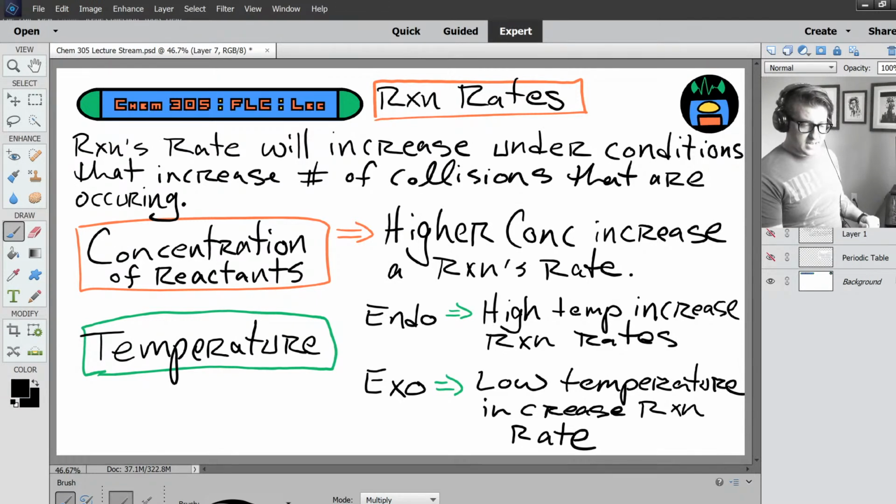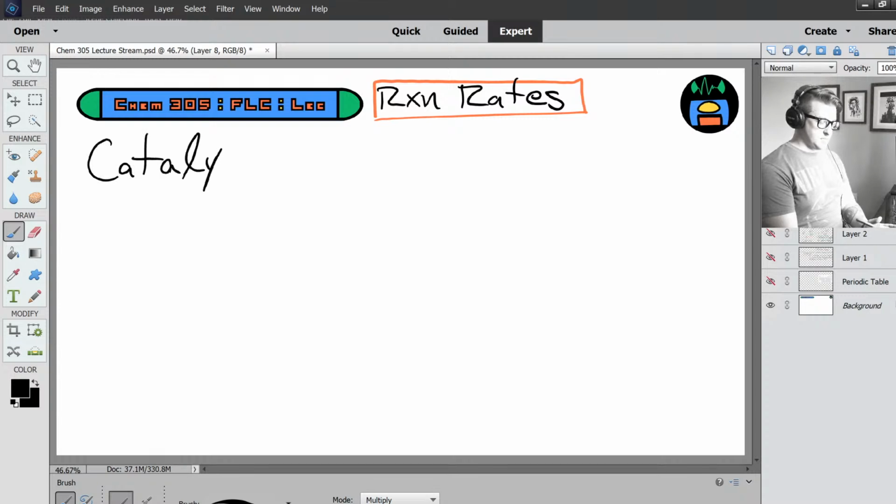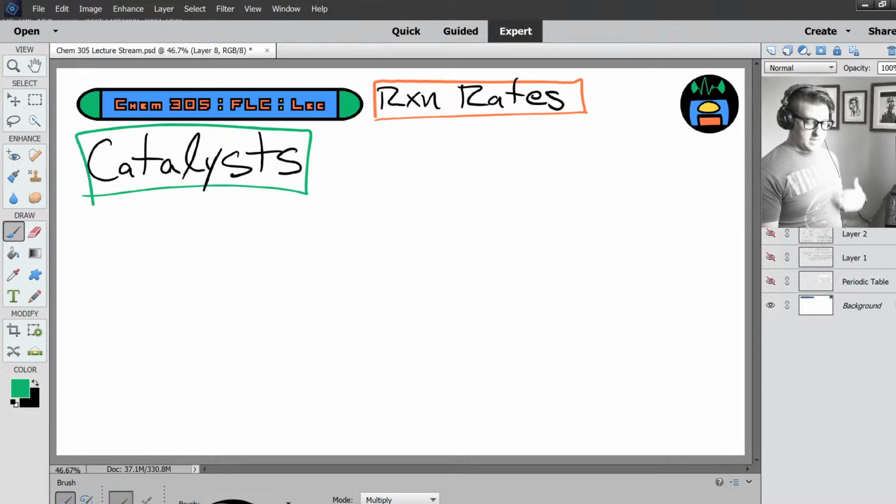All right, the last thing that affects reaction rates is catalysts. All right, now a catalyst is a unique type of reactant.